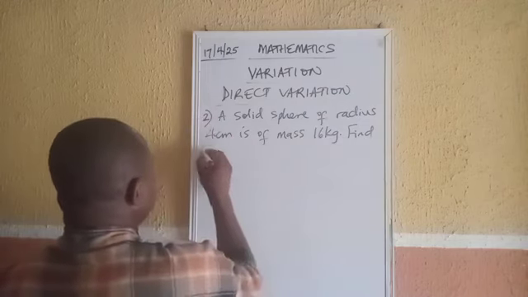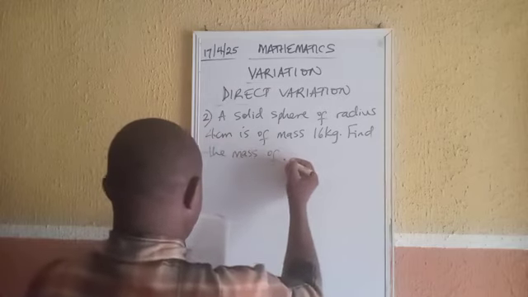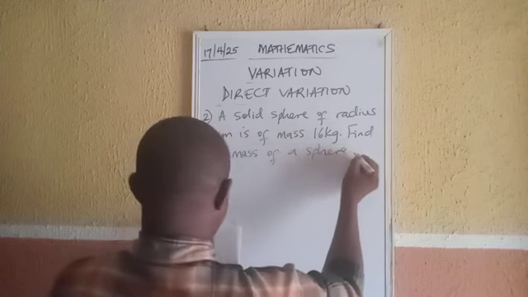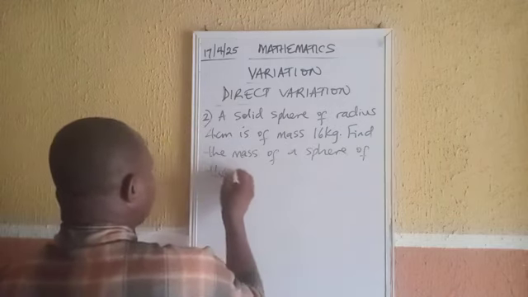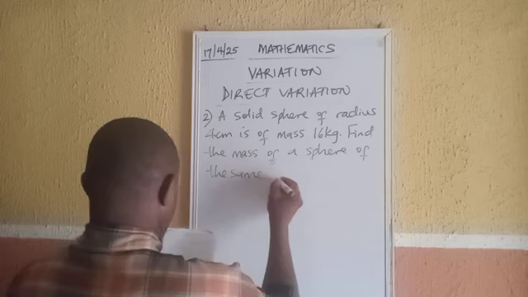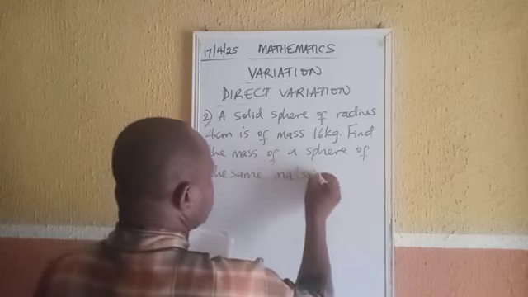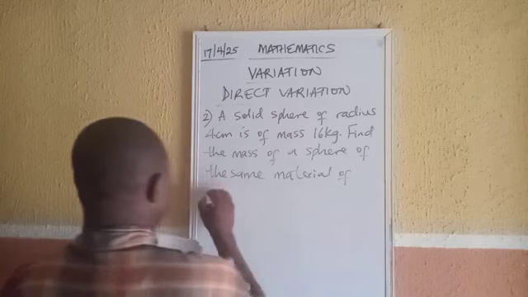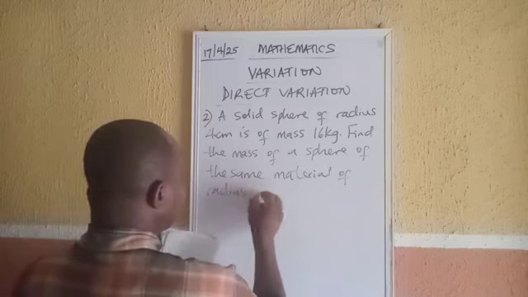Find the mass of the sphere of the same material of radius 6 centimeters.